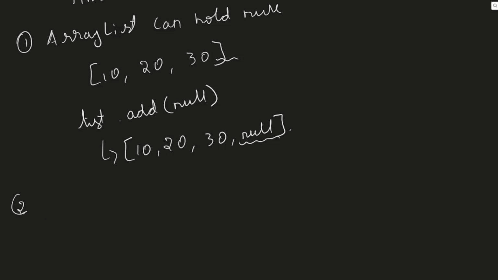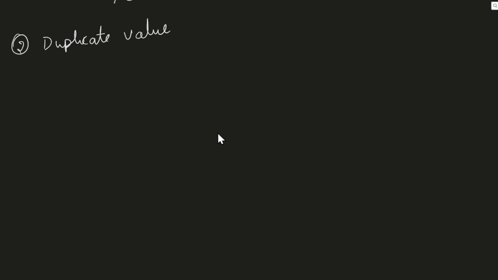The second point is duplicate values. ArrayList can hold duplicate values as well. Let's take our current list is this.